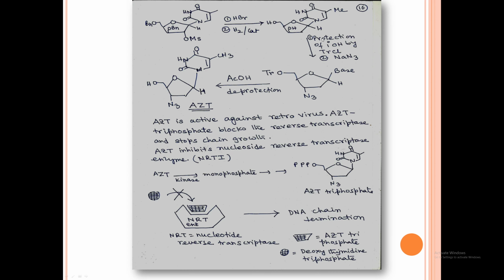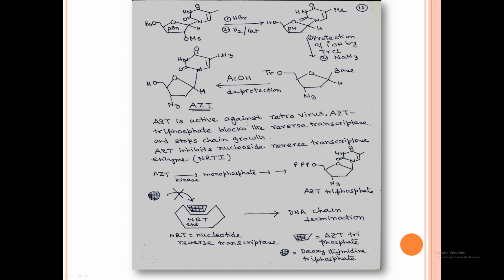So trityl chloride will specifically react and the primary alcohol will be protected, so the secondary OH is left over. So when the nucleophile sodium azide comes, it will specifically attack where the OH is, nucleophilic substitution will happen, and at the last step we have the deprotection by acetic acid. So this is the structure of zidovudine.